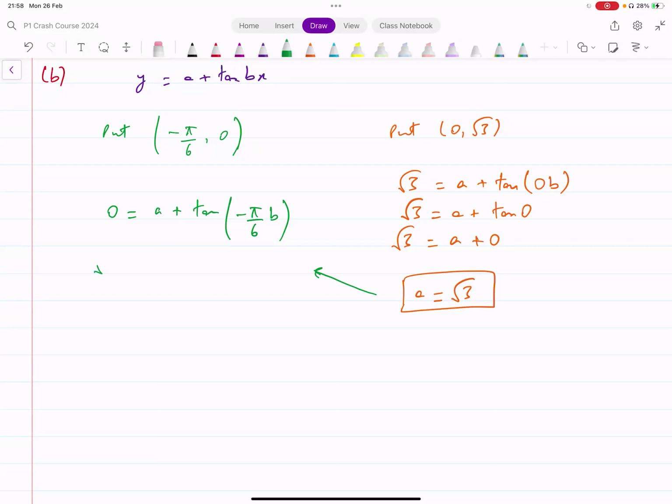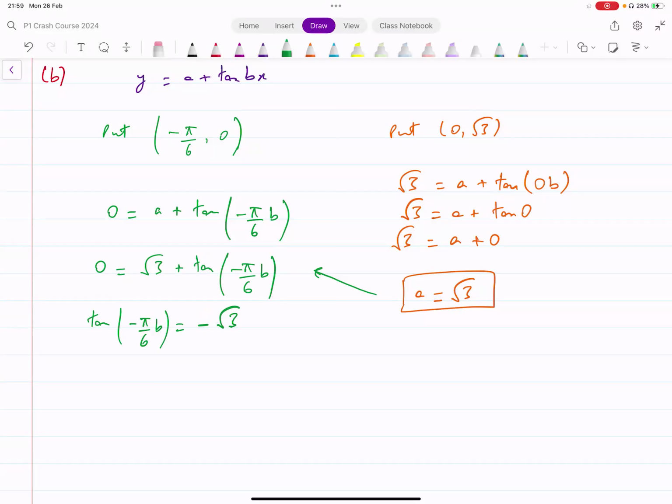That gives you, in fact, 0 equals under root 3 plus tan of minus pi over 6 times b. Okay, so that gives you tan of minus pi over 6 times b equal to minus under root 3. That's the equation that we get.